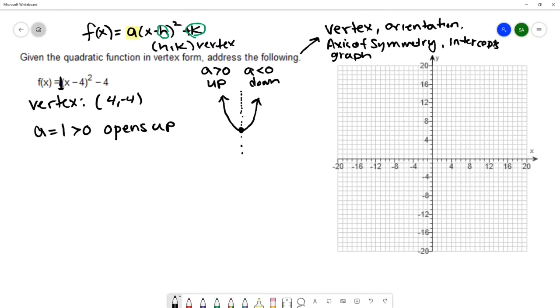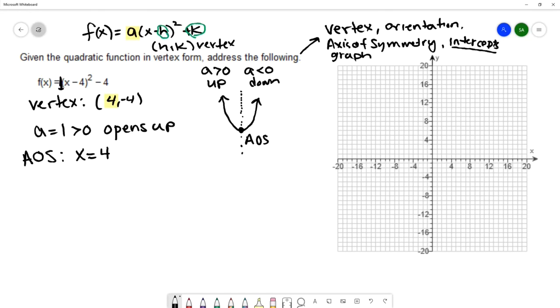So we call that line the axis of symmetry, that vertical line. So for this example, we're going to use the x-coordinate of the vertex, and the vertical line x equals 4 is the axis of symmetry.